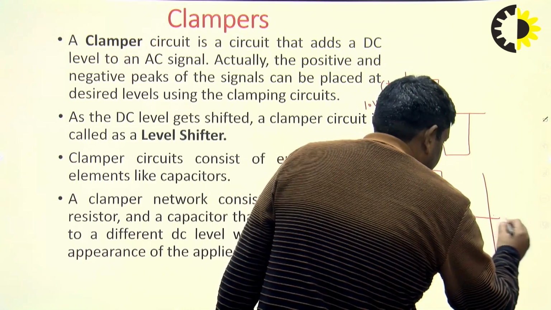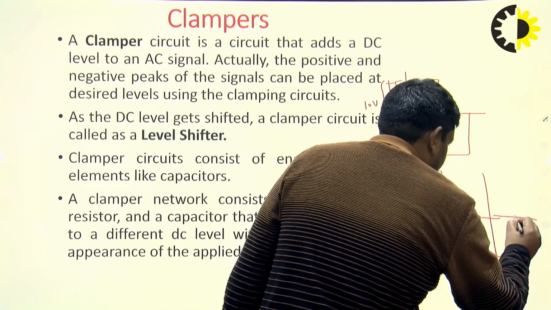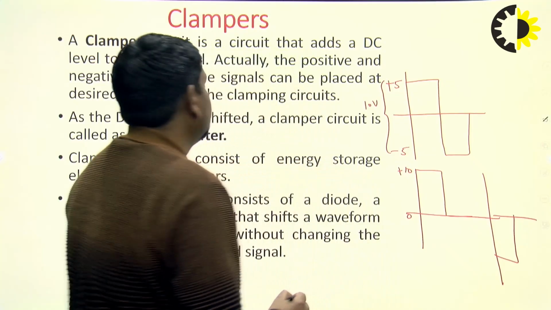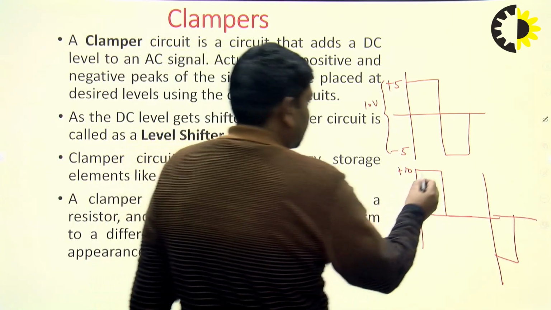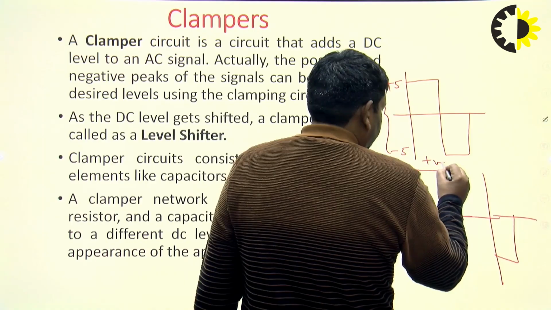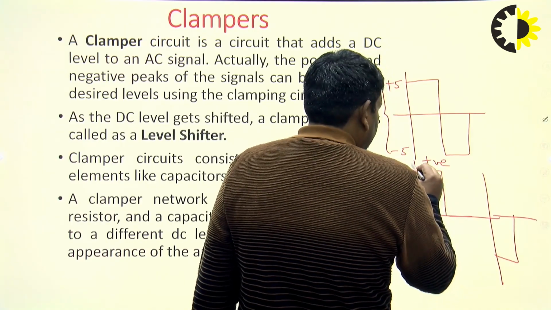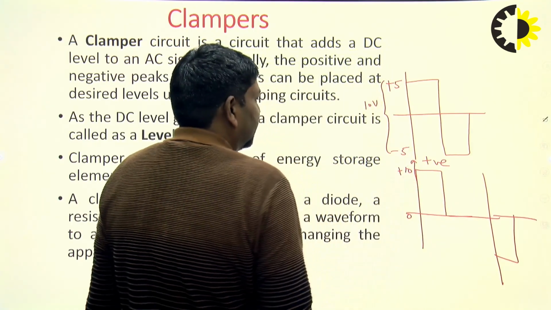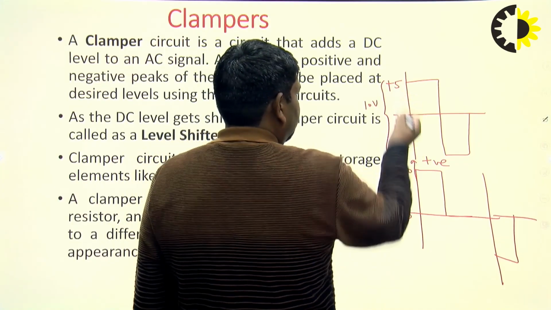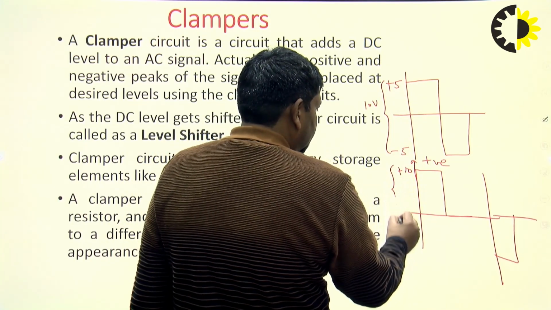This is an absolute clamper circuit. This is a positive absolute clamper circuit, which clamps the signal to a certain level, so the total DC voltage stays the same.